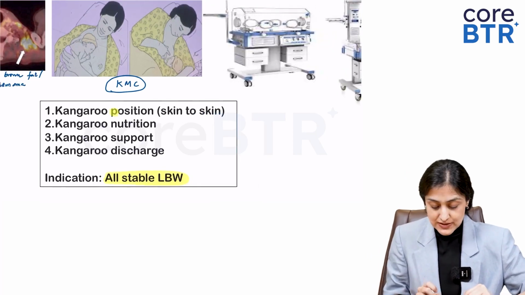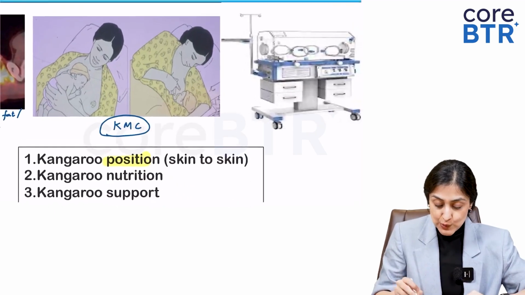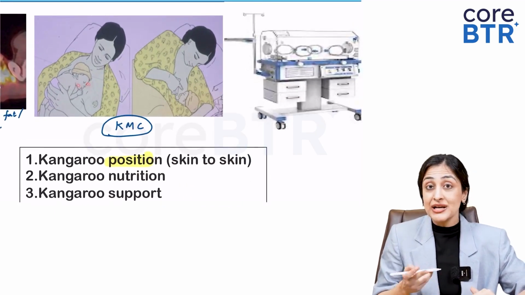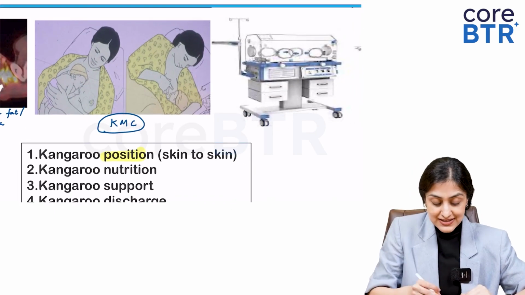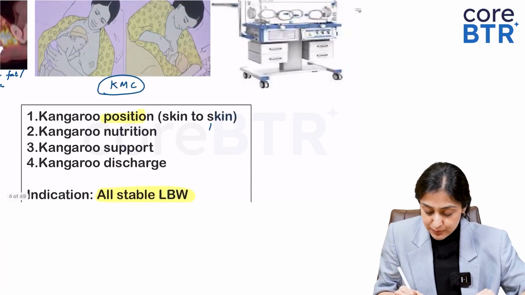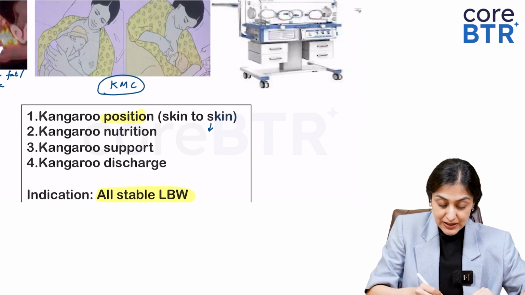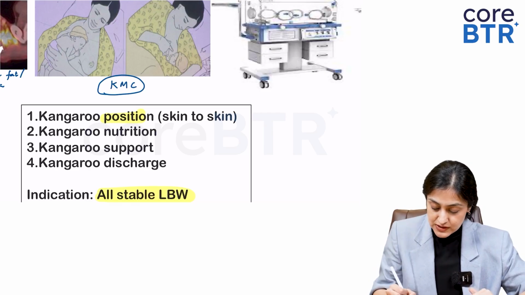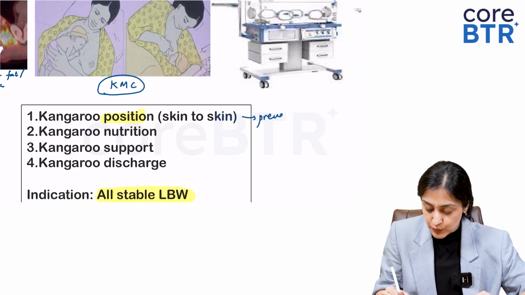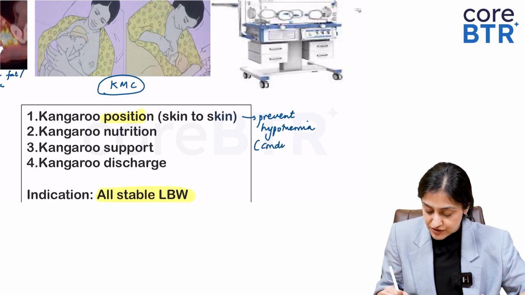They ask this. One is kangaroo position. This is where the mother and the baby are in skin to skin contact, and that's the main mechanism to prevent hypothermia. So this is going to prevent hypothermia via conduction. So the mode of heating here, which can be asked, is nothing but conduction, right?